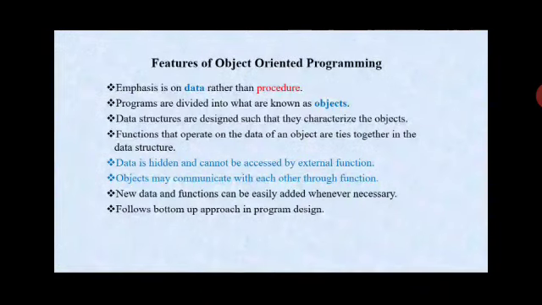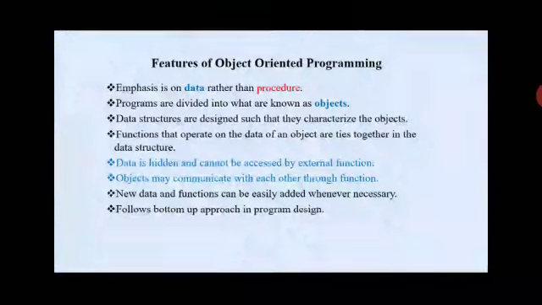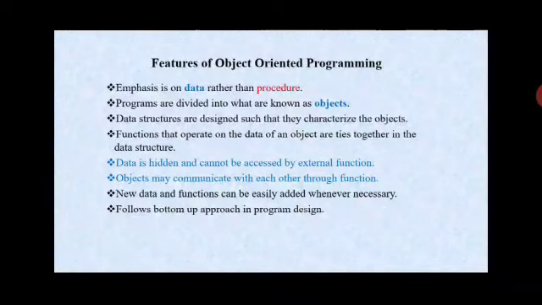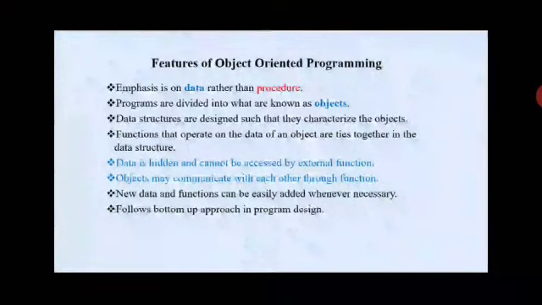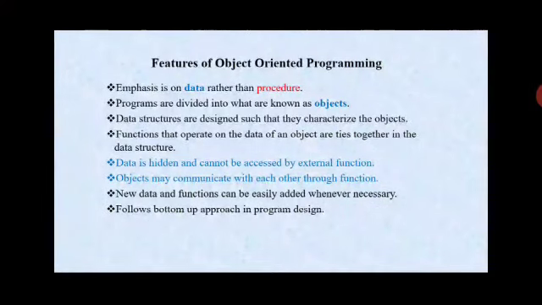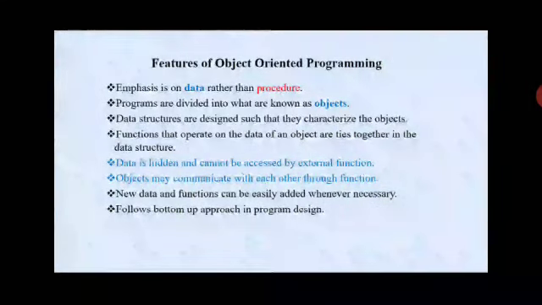Features of object-oriented programming. Emphasis is on data rather than procedure. In C language, we focused on procedure, here data. So programs are divided into objects. Data structures are designed such that they characterize the objects.